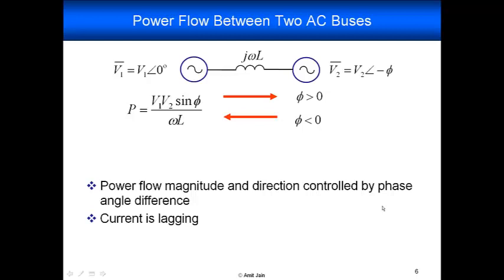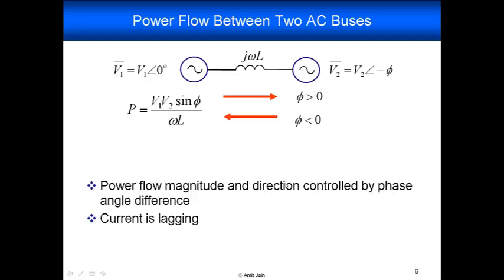The second point is about power flow between AC buses. So here we are looking at just an AC system with two buses connected by a predominantly inductive line, and we see the phasor representation for the voltages and the impedance.